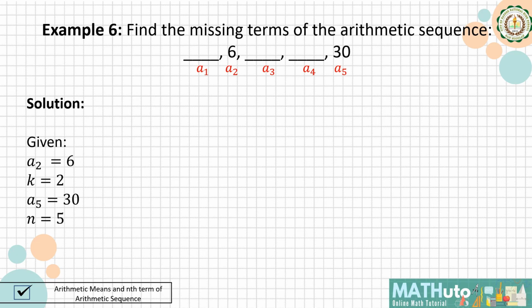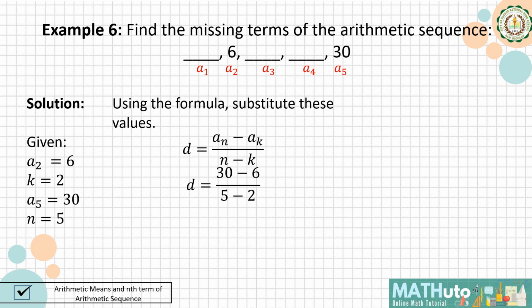To find the common difference, use the formula and substitute these values. This will become d is equal to 30 minus 6 all over 5 minus 2. 30 minus 6 is 24, and 5 minus 2 is 3. And 24 divided by 3 is 8. Therefore, the common difference is 8.